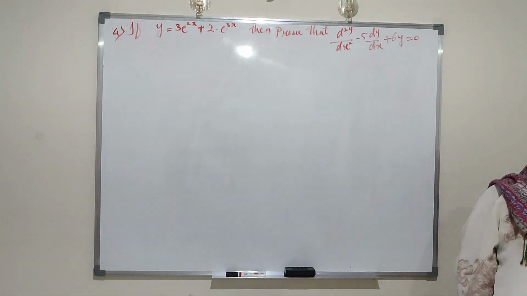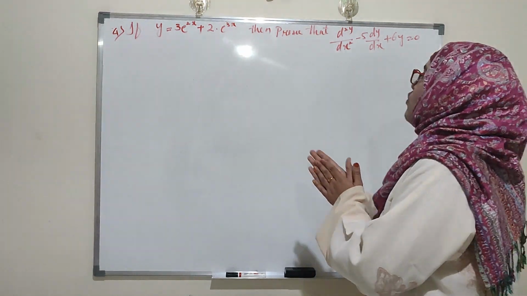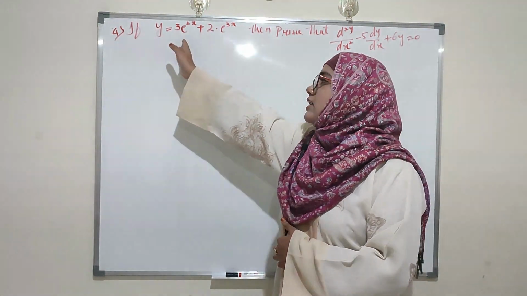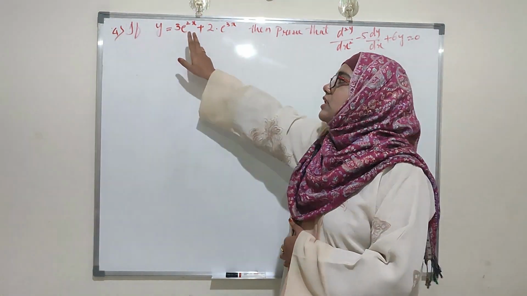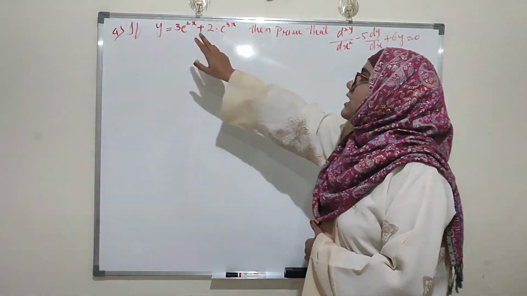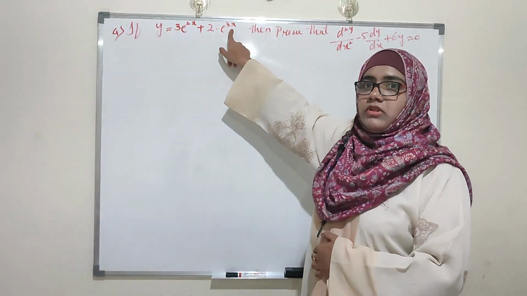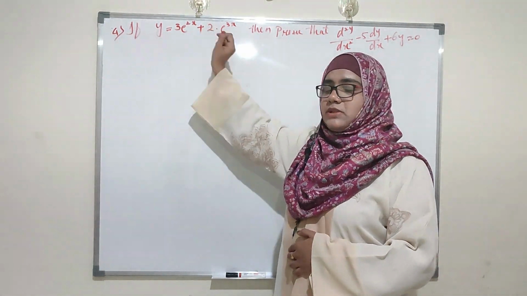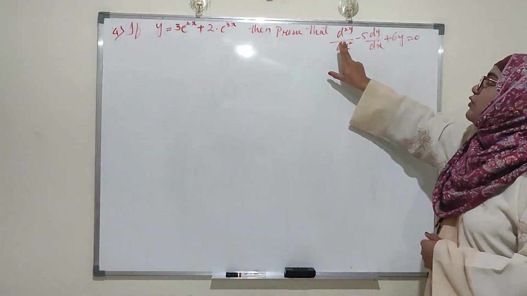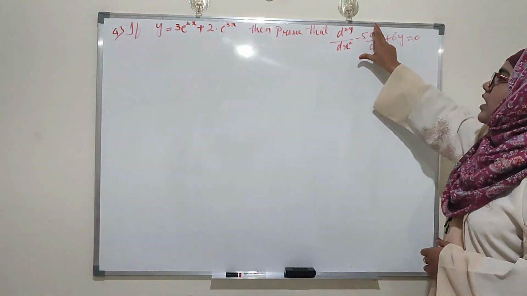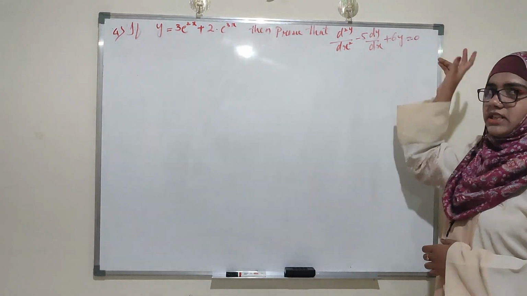Here we are having y in terms of exponential terms, meaning e raised to the power 2x and e raised to the power 3x. So we have to prove that d2y by dx square minus 5 dy by dx plus 6y is equal to 0.